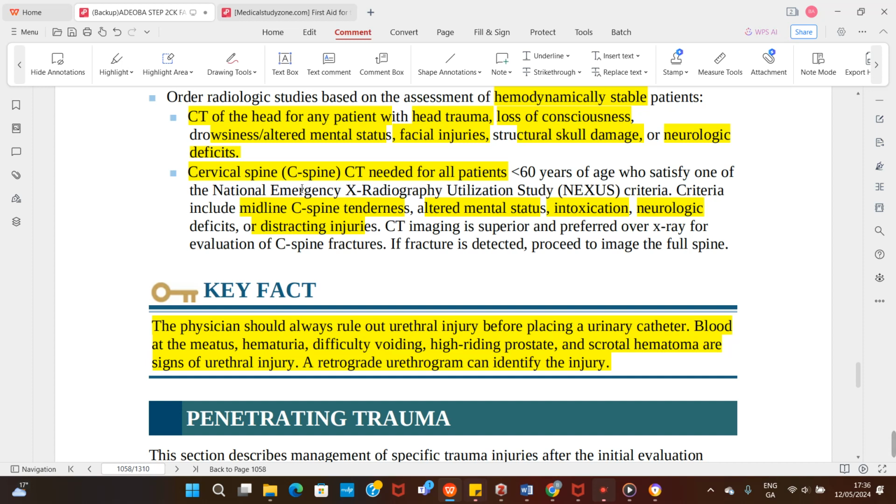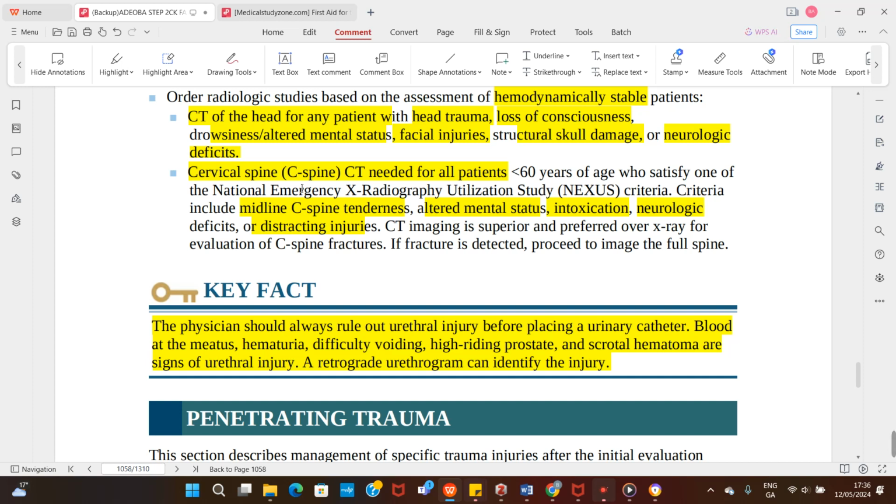But if you don't need to do your endotracheal intubation, you might wear the cervical collar, because wearing the collar for an individual that needs to be intubated is difficult. So if the patient doesn't need intubation, you can wear the collar until you rule out cervical spine injury, right? That is just one thing about cervical spine stabilization.